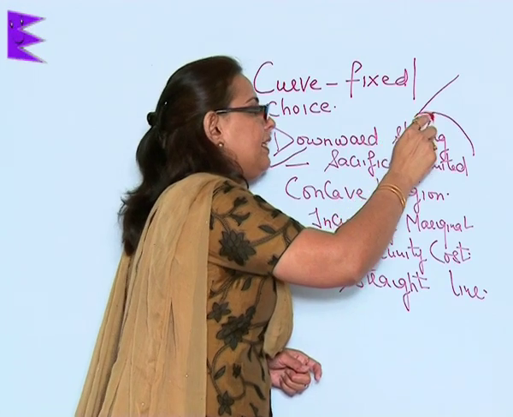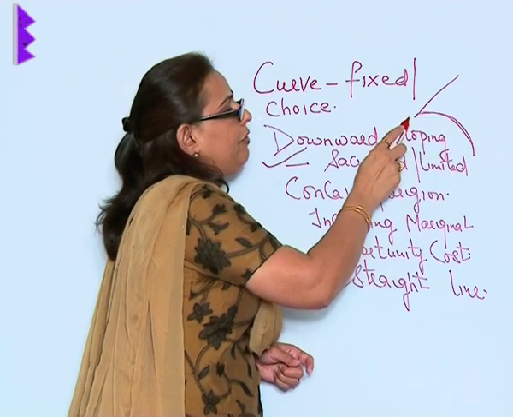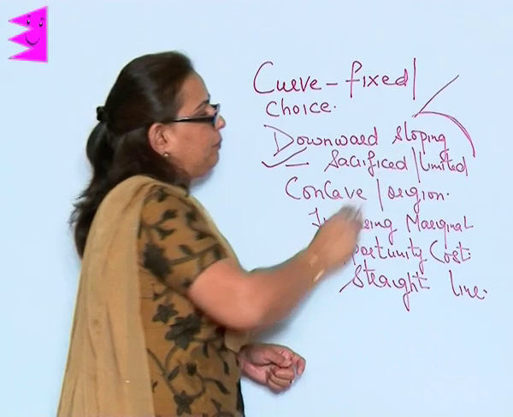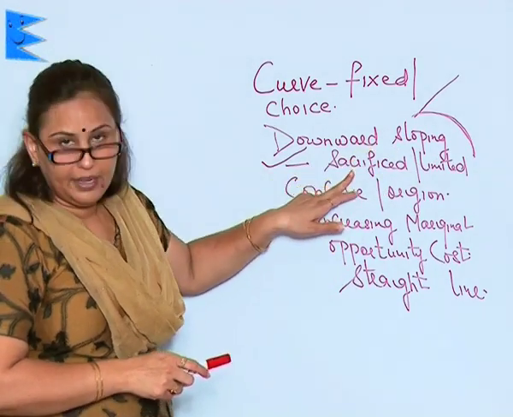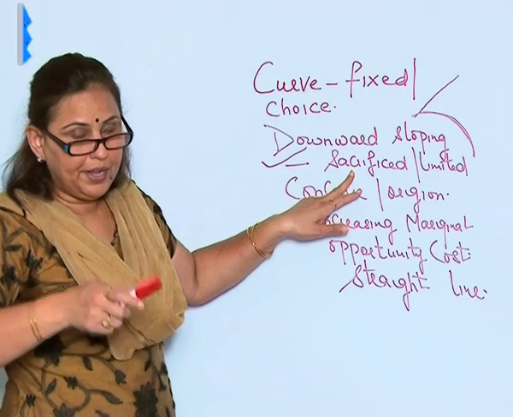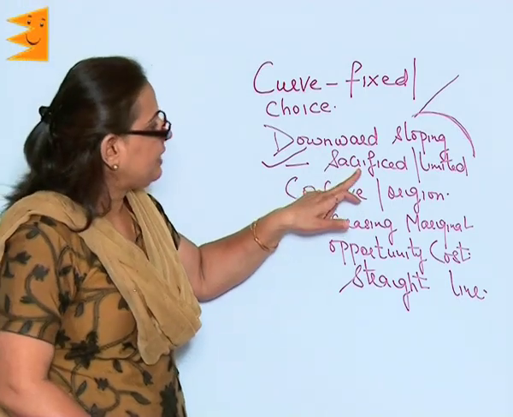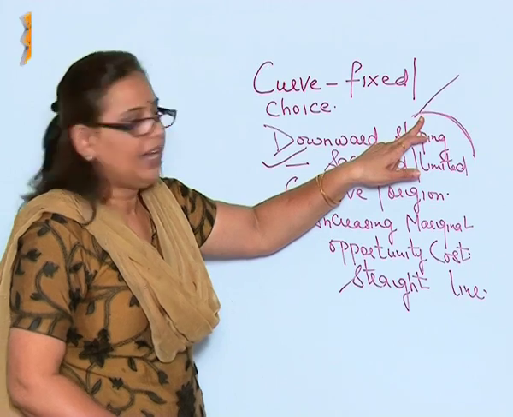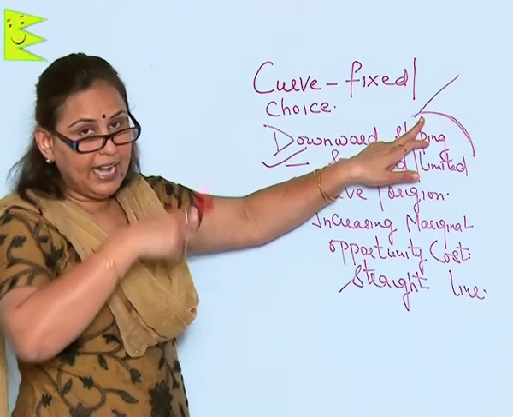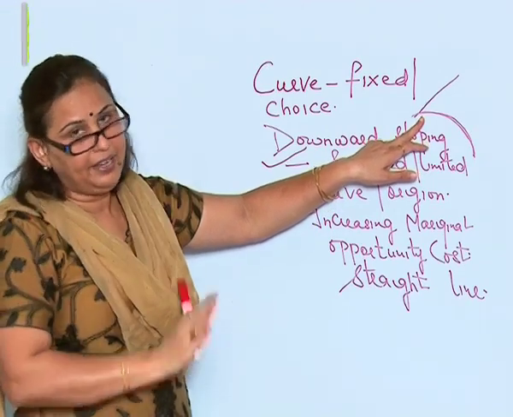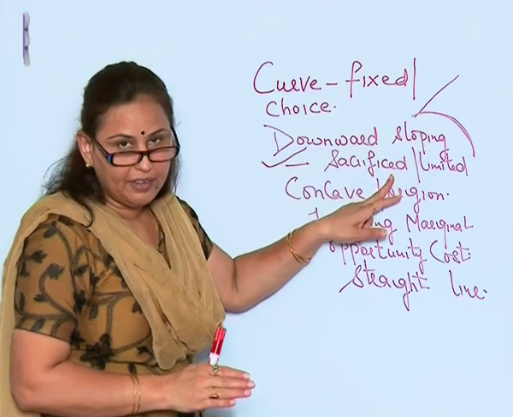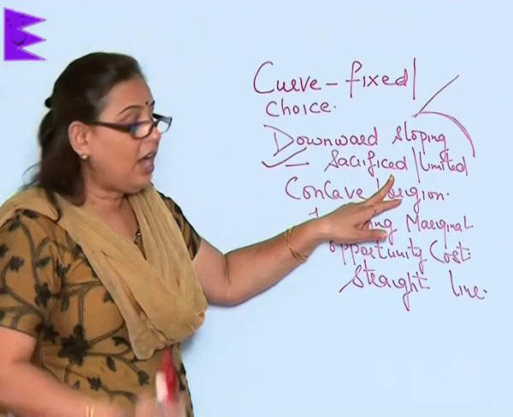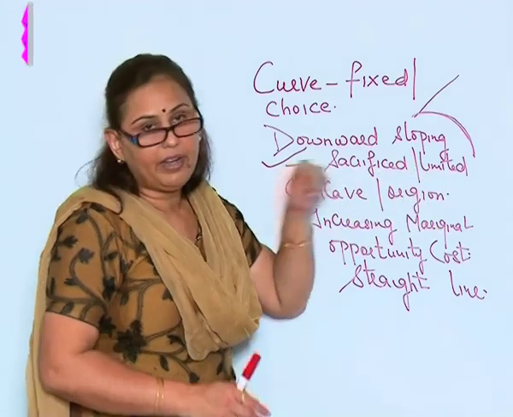It is always downward sloping, and that too from left to right, which means that one commodity, one good has been sacrificed for the other, as we had seen in the case of wheat and tanks, because our resources were limited.